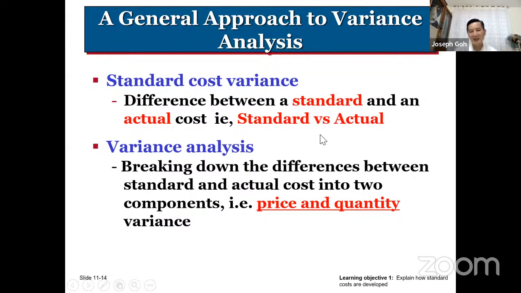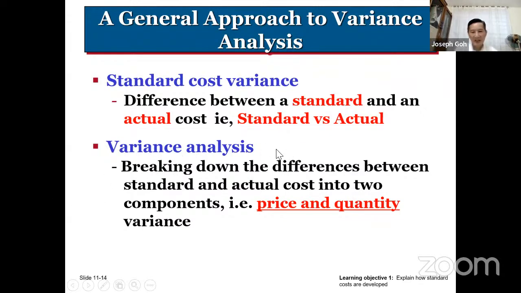That means it's the standard you set versus the actual cost that has been incurred to produce the product. We will go into very much detail when we study variance analysis, because the assignment tests very thoroughly. Almost all of it tests you on variance analysis, so try to understand it when I go through the variances with you, and I can assure you can answer the assignment easily. You can get it done very fast.